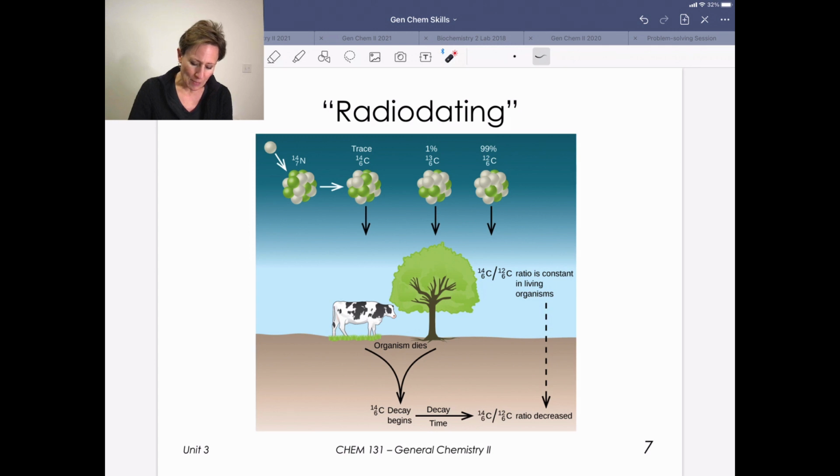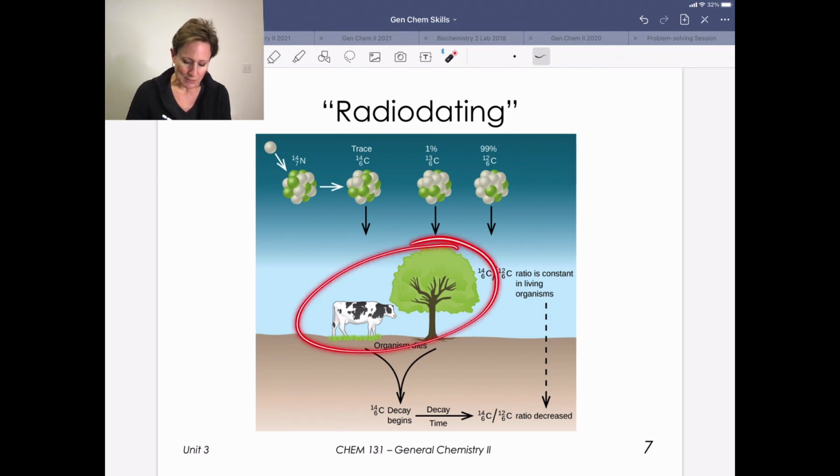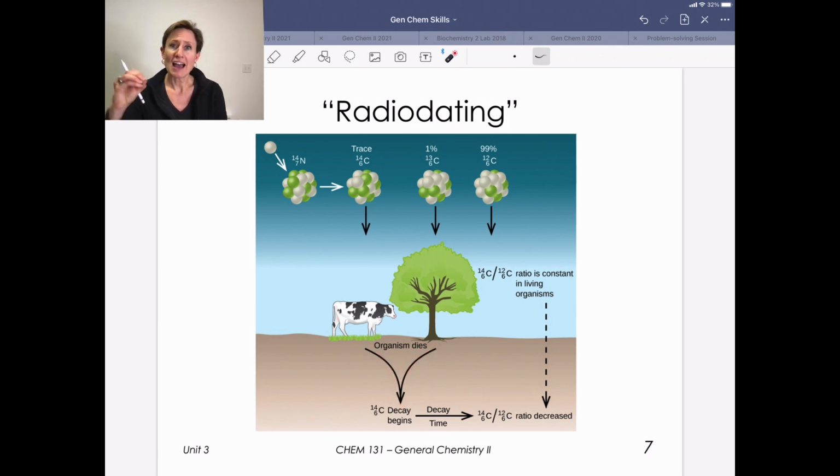But basically what happens is anything that grows and takes in carbon from the atmosphere is going to take in regular old carbon, a little bit of carbon-13, and then trace amounts of carbon-14. So any living organism is going to bring in that carbon-14. And then when the organism dies, basically you have a ticking clock, if you will, of the decay of a constant amount of carbon-14.